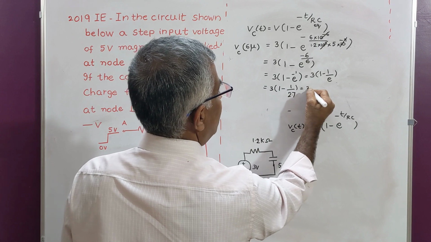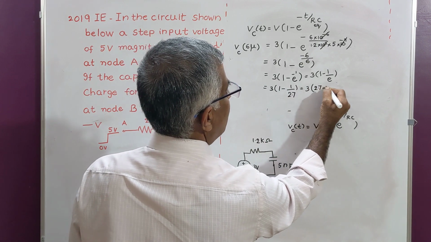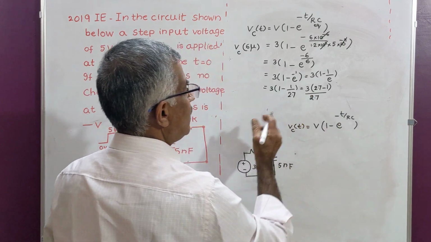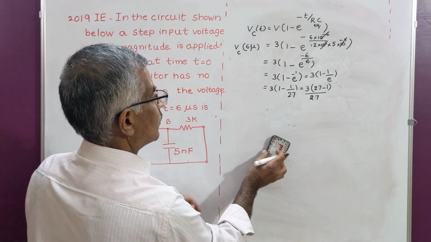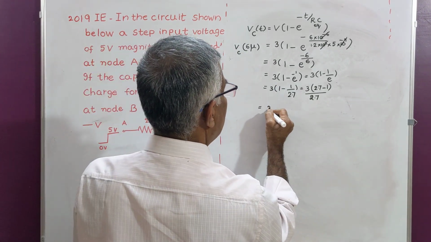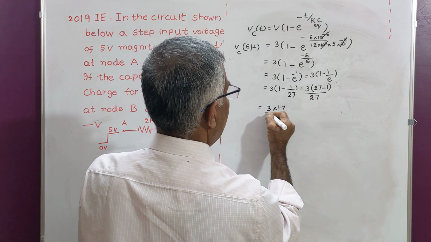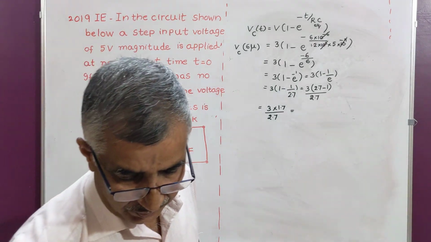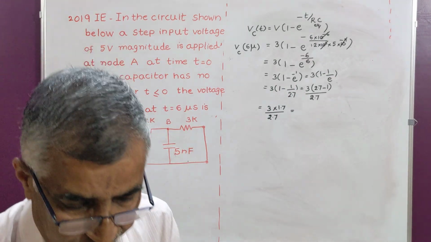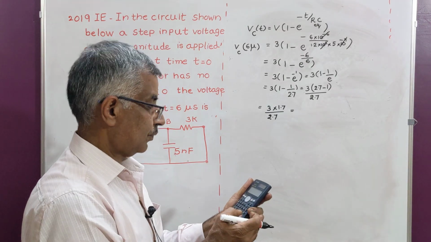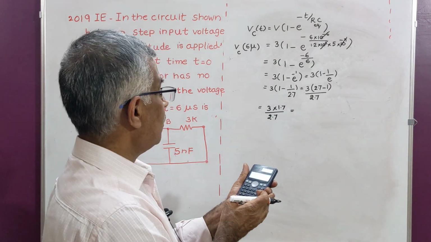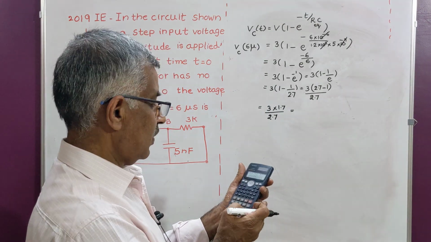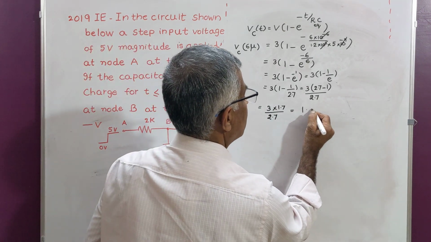Therefore, the answer is 3 into 2.7 minus 1 divided by 2.7, equals 3 into 1.7 divided by 2.7, equals 1.8 volts.